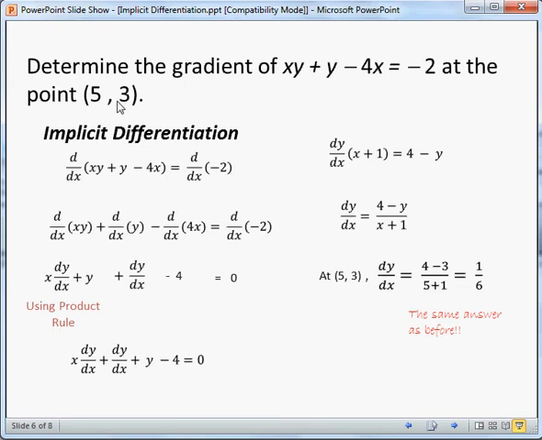It's a good example where you could use either, but implicit's the best idea. Right, another example coming up.